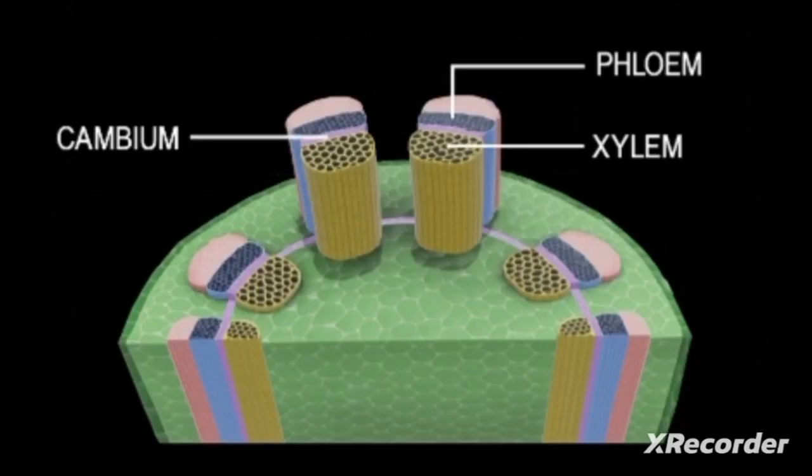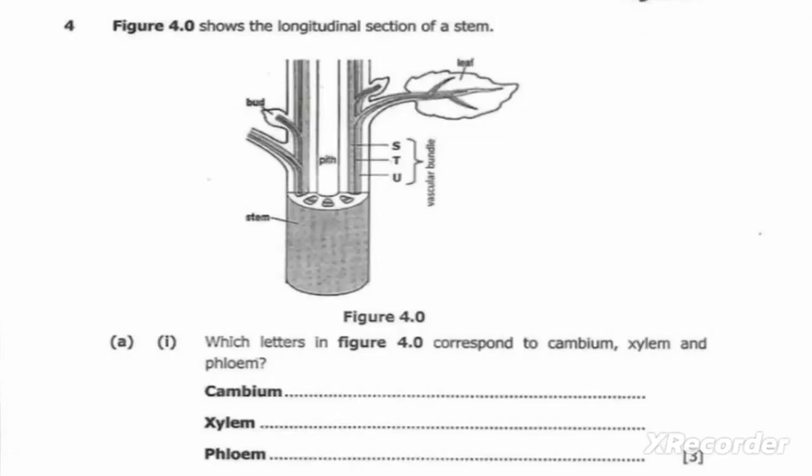The xylem is found inside. The phloem is found outside. Then the cambium is found between the phloem and xylem. So we are going to make use of the diagram given here to answer this particular question.